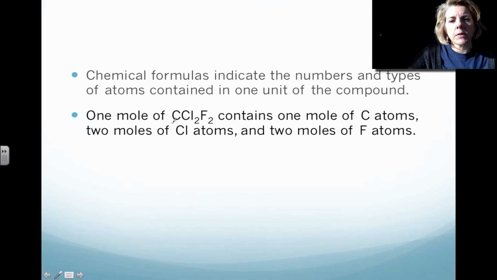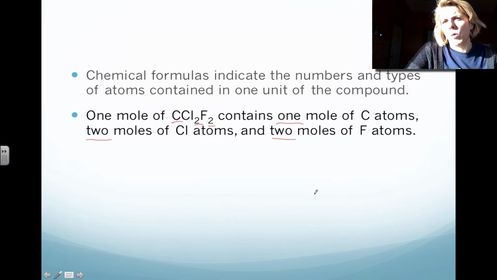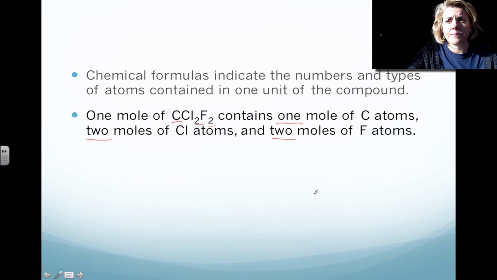Notice because there's a subscript of 1, there's only 1 mole of carbon atoms. But chlorine has a subscript of 2, so there has to be 2 moles of chlorine atoms. And fluorine has a subscript of 2, so there has to be 2 moles of fluorine atoms in that compound. So every time you see a subscript, that essentially tells you the number of moles of that element in that compound.